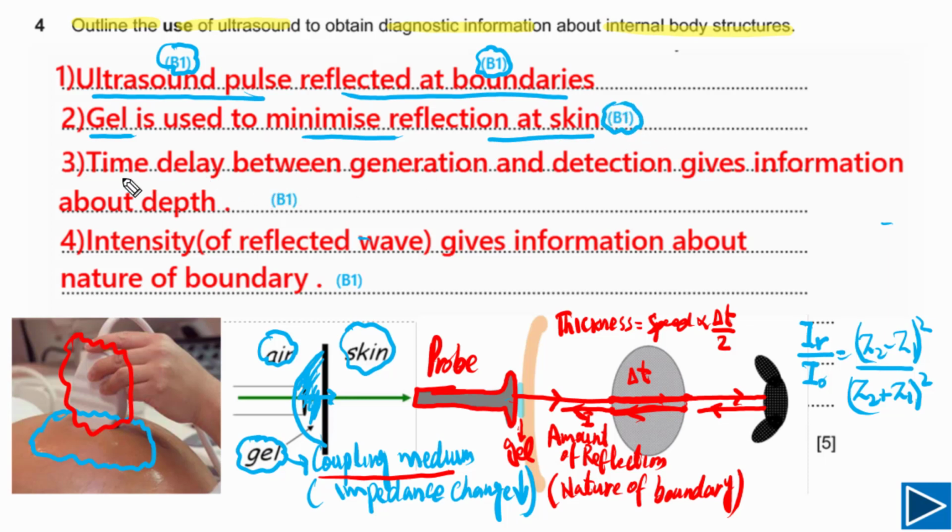The fourth mark you will get if you have mentioned that the time delay between transmission of the ultrasound pulse and detection gives information about the thickness. And the fifth mark is about the intensity of reflected waves, meaning the amount of reflection gives information about the nature of the boundary.